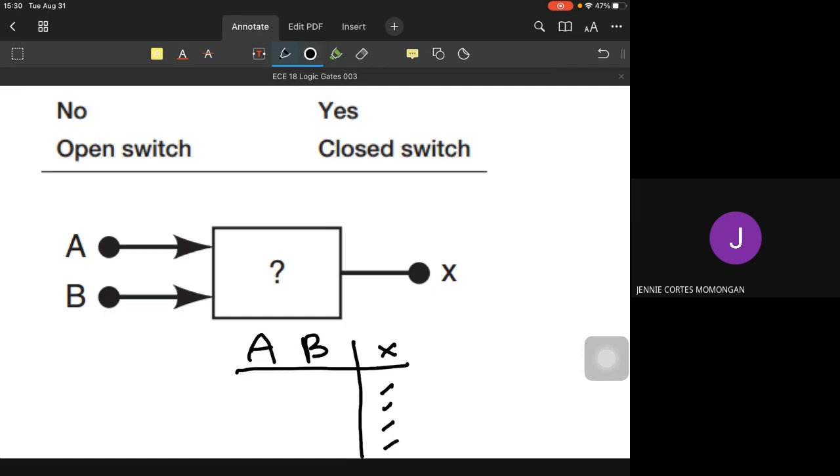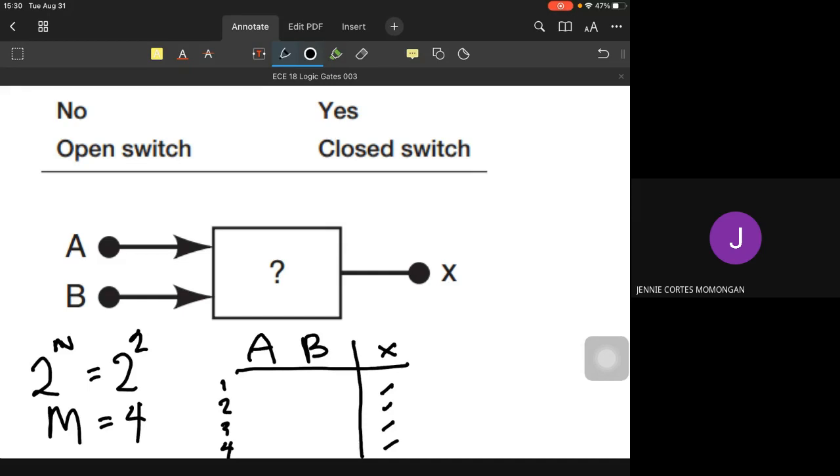But for our inputs A and B, how many inputs do we have? 2. So for 2 inputs, we substitute into 2 to the n, which gives 4. So we have 4 states in this case. First state, second state, third state, and fourth state. Since this is Boolean logic, only 2 possible values each. We have 0 0 for the first state.